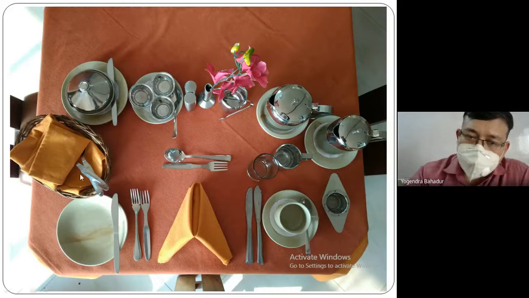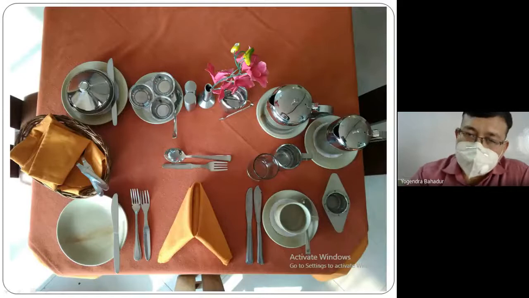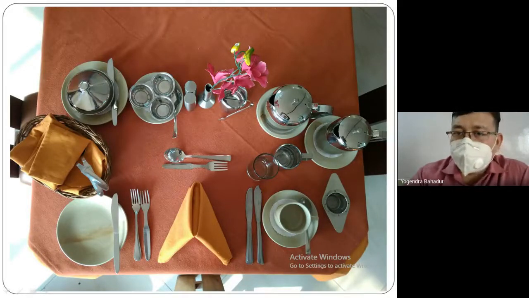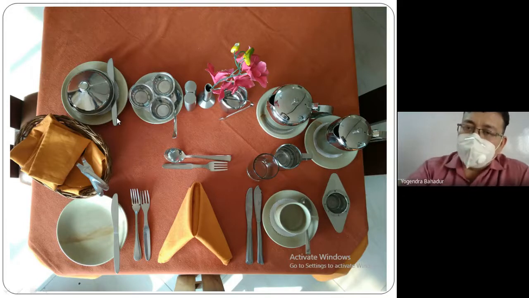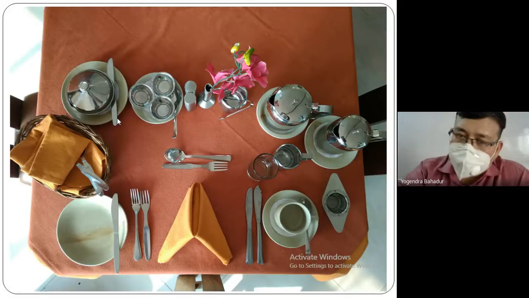Next to the bread basket having the breakfast rolls, we provide the butter dish. In the butter dish, the underliner is the side plate only, and next to it we have the side knife. If you have a butter knife, you will have to use the butter knife only. If you don't have the butter knife, you can replace it with the side knife also. So this is the butter dish.